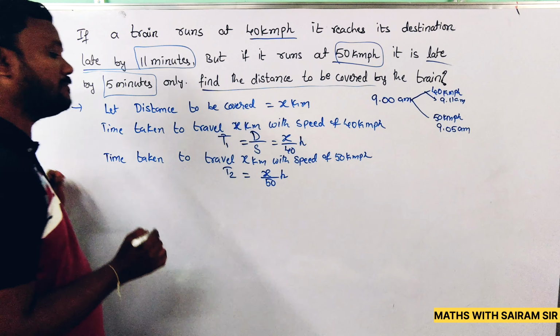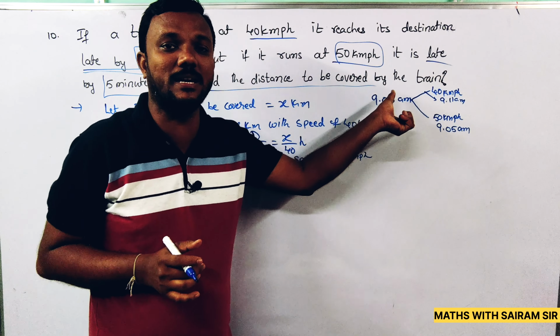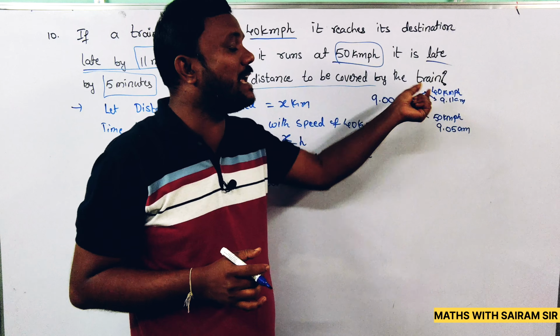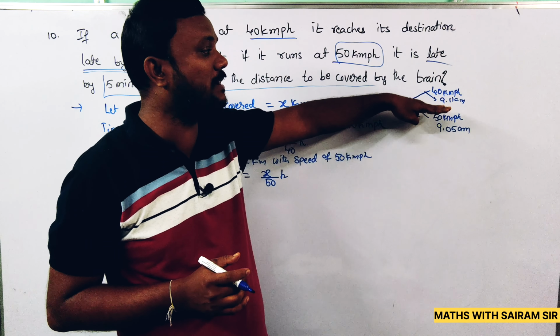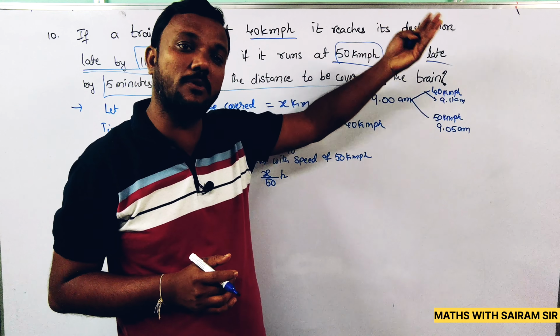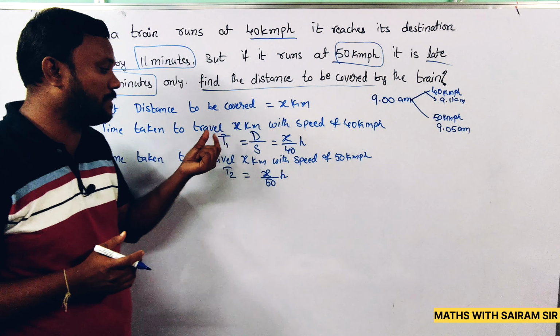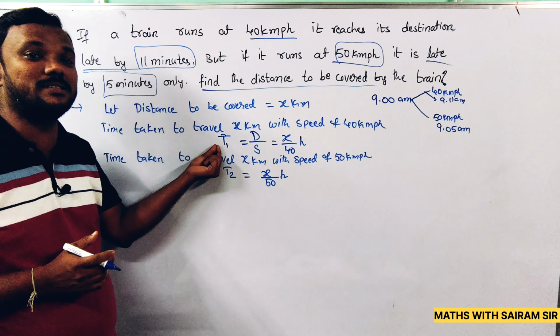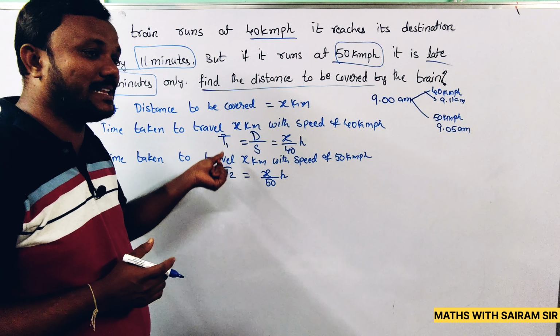This is x by 50 hours. Now, in which case will you take more time, the first case or the second case? If you travel with less speed, it takes more time to reach the destination. That means time 1 is greater than time 2.